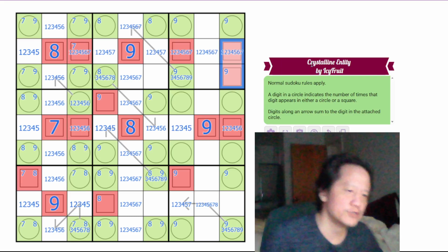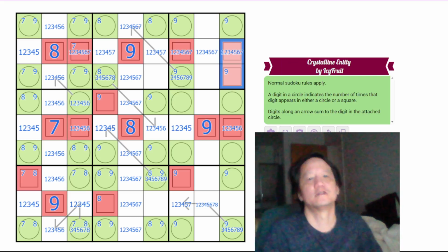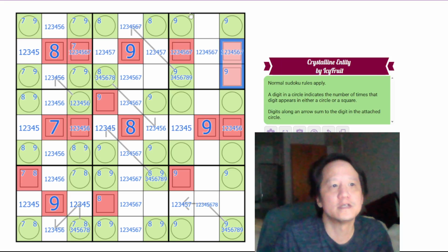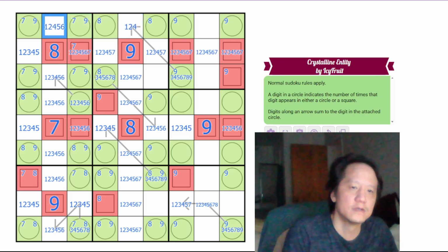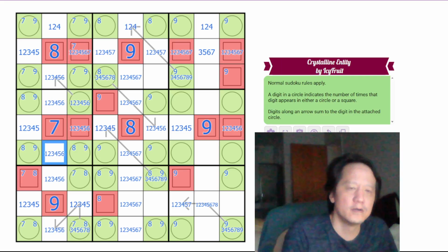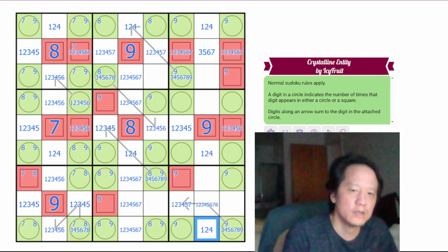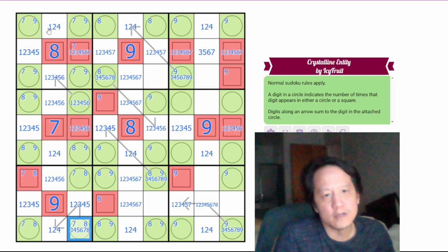Let's try 1, 2, 4 as the digits that are not in circles. What does that give us? It's a 1, 2, 4 triplet in columns 2, 4, and 6, or rows 1, 6, and 9. Right? Okay.